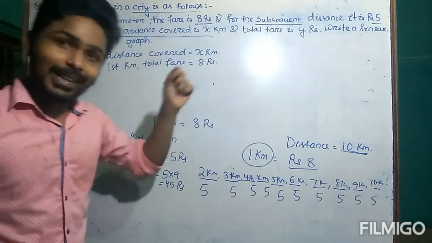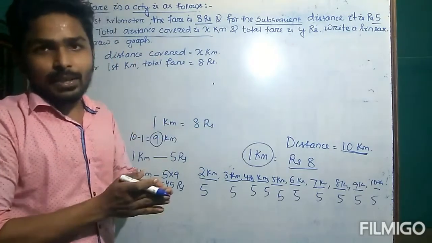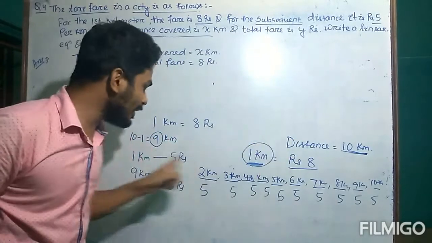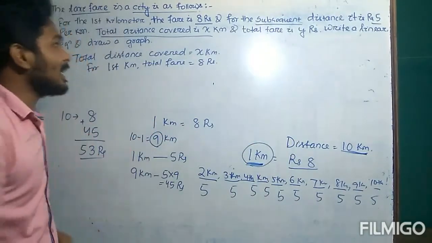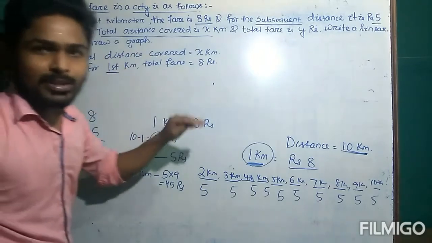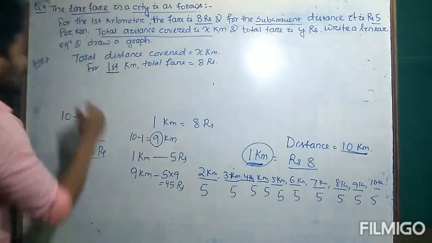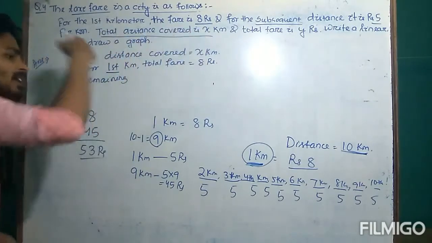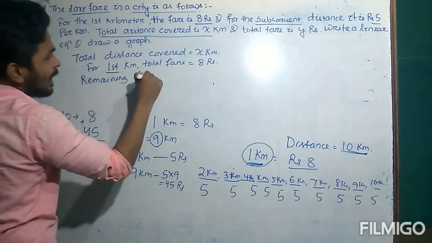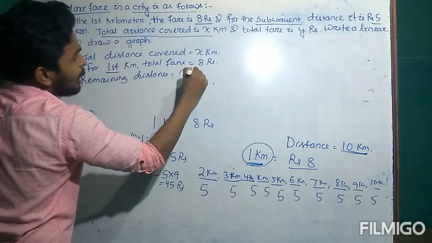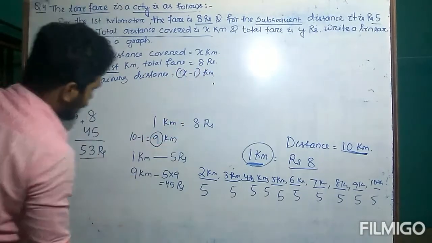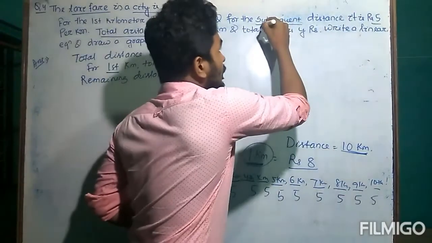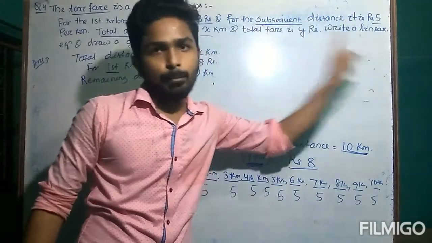After covering 1 kilometer, how much distance remains to be covered? In the example, 10 minus 1 is 9 kilometers. So the remaining distance is x minus 1 kilometers. Understood? Now, according to the question, for the subsequent distance you have to pay rupees 5 per kilometer.